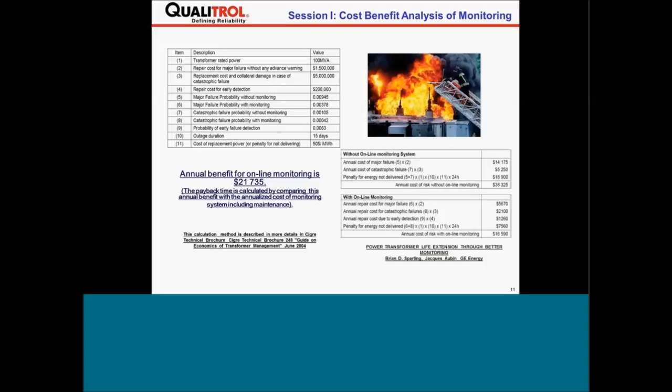Before going on to discuss that, the last slide really on this part is to do with the cost-benefit analysis.